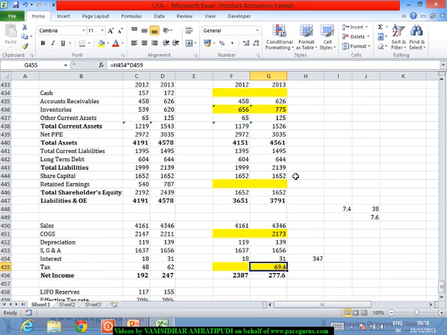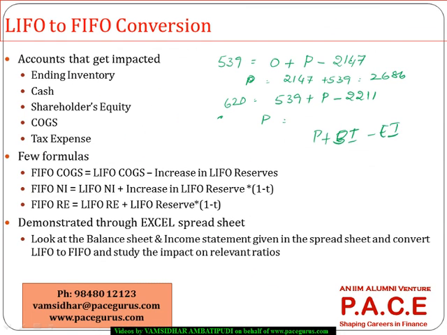And coming to the last year also, the same scenario would have happened. In the last year also, the cost of goods sold was 2147, and if I had to compute the cost of goods sold as per the FIFO mechanism the last year, the cost of goods sold is nothing but the purchases in the year plus ending inventory minus beginning inventory.